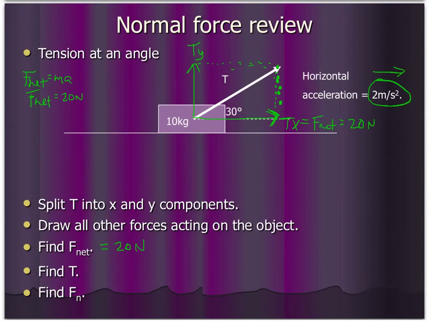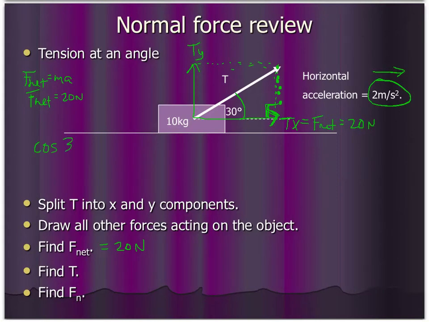Okay. Second part, finding the tension. Well, I know that if this is my angle, and I've created my little right triangle using my parallelogram rule, the tension is the hypotenuse because it's directly across from that right angle, and my Tx, or that 20 newton side, is adjacent to the 30-degree angle. So I can solve for tension using SOHCAHTOA. So adjacent and hypotenuse, I'm going to use cosine.